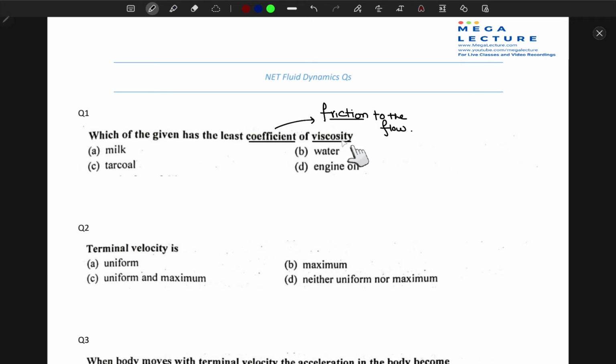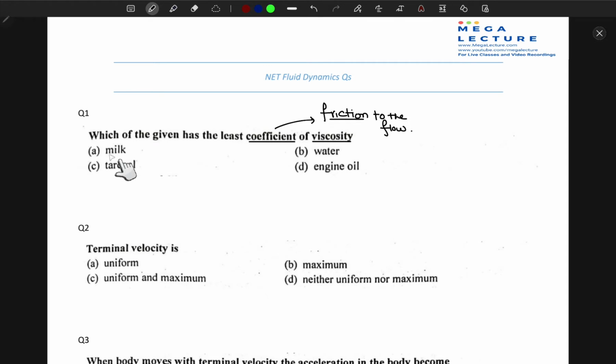So something that flows easily means that there is very little friction to the flow of that substance, and hence the viscosity coefficient will be low, right? So you can think of viscosity as a parameter which measures the thickness or the thinness of any fluid, right?